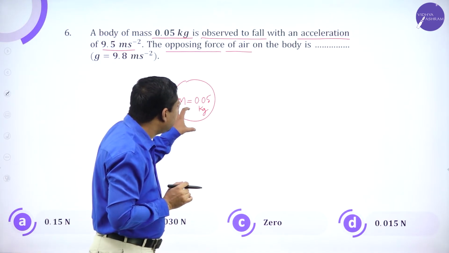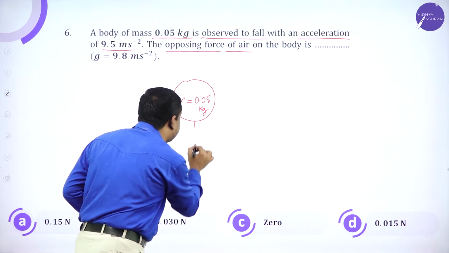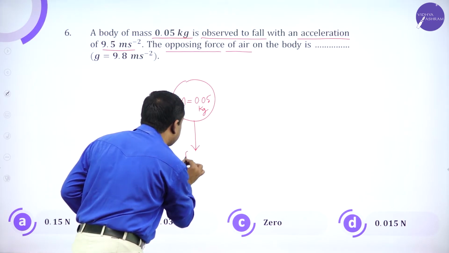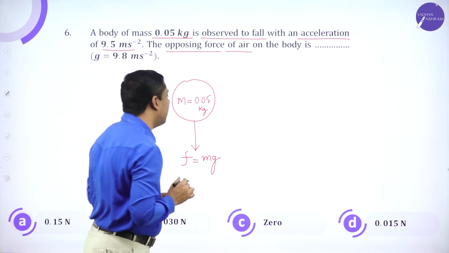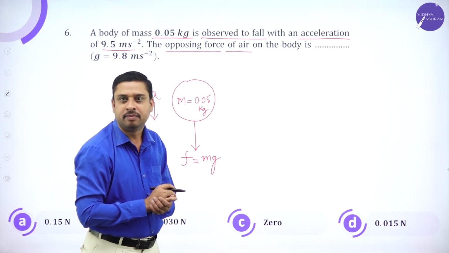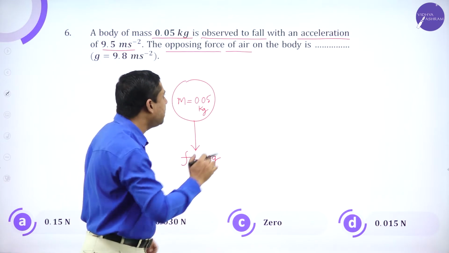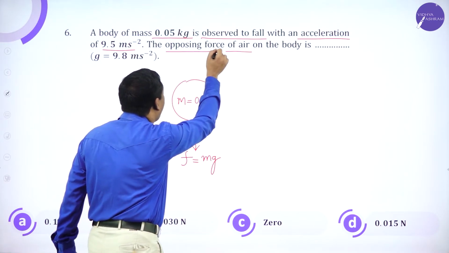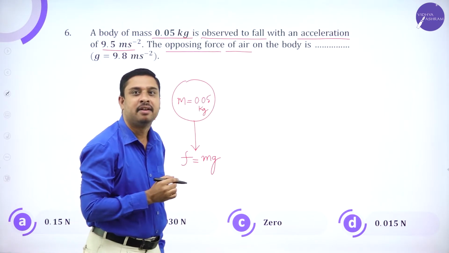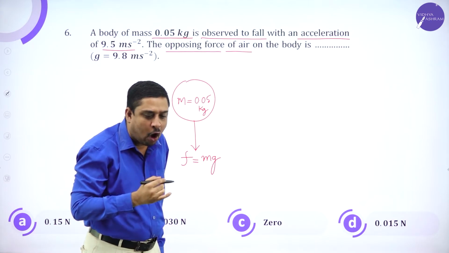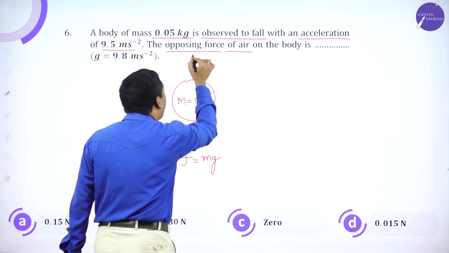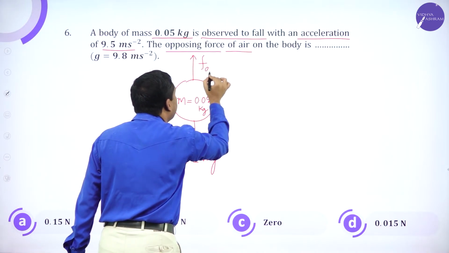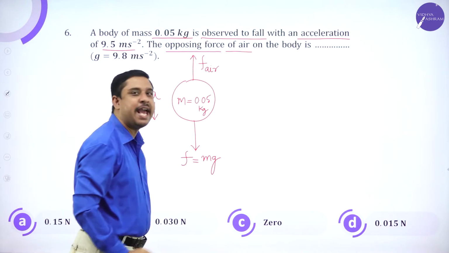So here there is a downward force, which is nothing but the weight of the body, and the opposing force of air. So the problem says there is an opposing force which is caused by air.